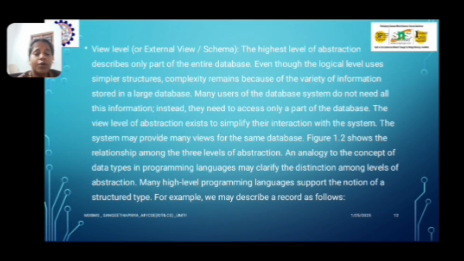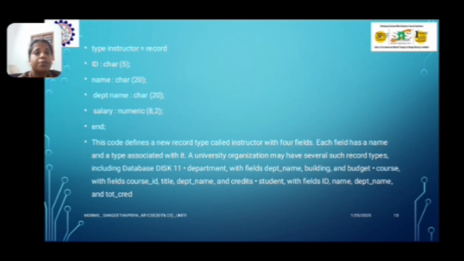The system may provide many views for the same database, showing the relationship among the three levels of abstraction. An analogy to the concept of data types in programming languages may clarify the distinction among the levels of abstraction. Many high-level programming languages support the notion of a structure type. For example, we describe a record as follows.